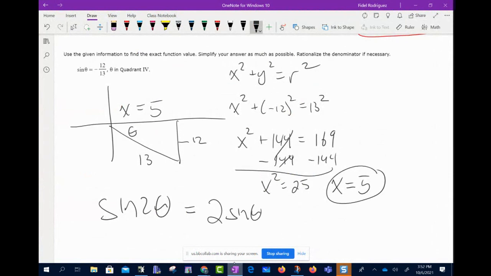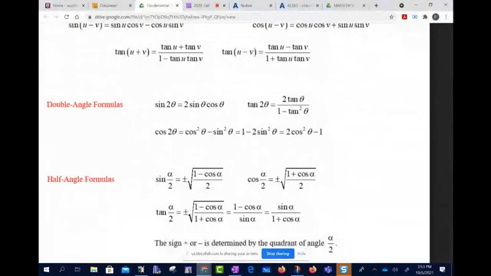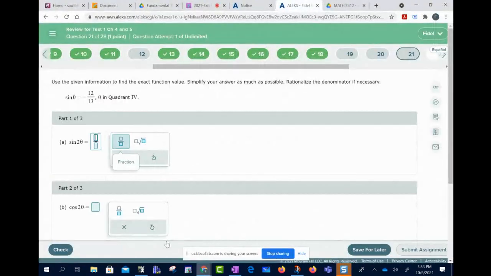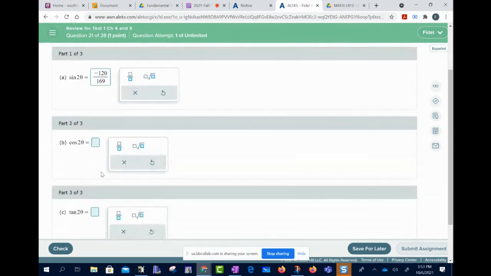Sine theta we already said was negative 12 over 13, and cosine is 5 over 13. That should give me negative 120 over 169. So I'll come back to my problem and write negative 120 over 169.